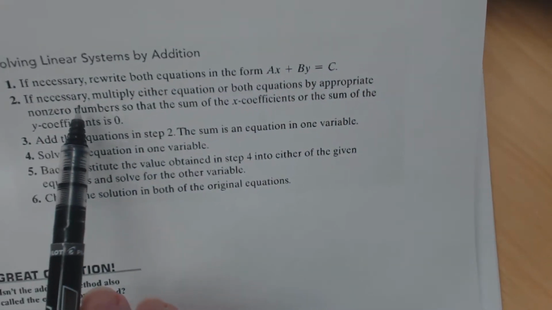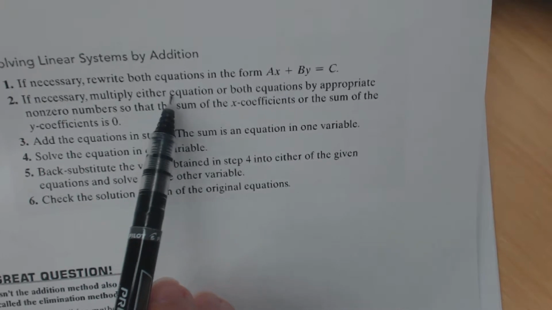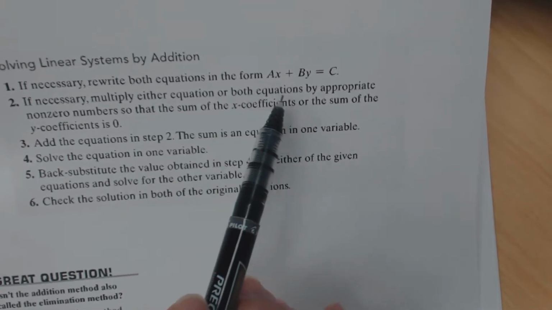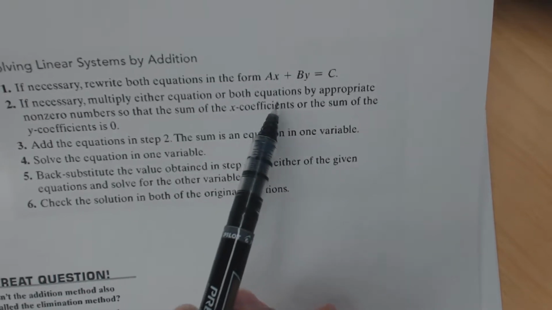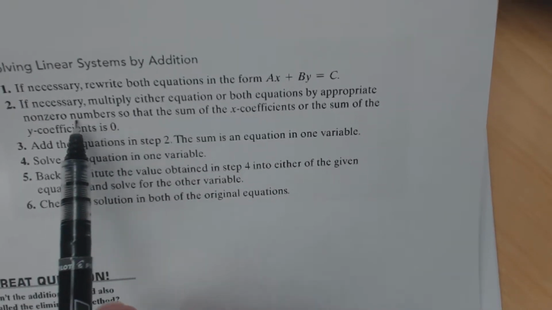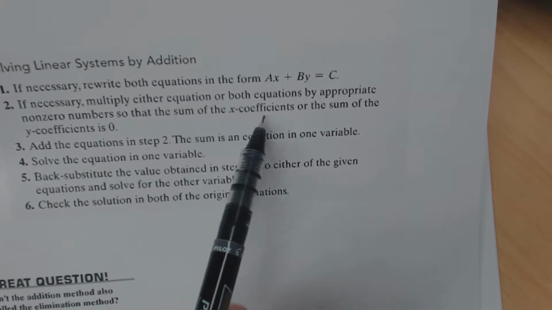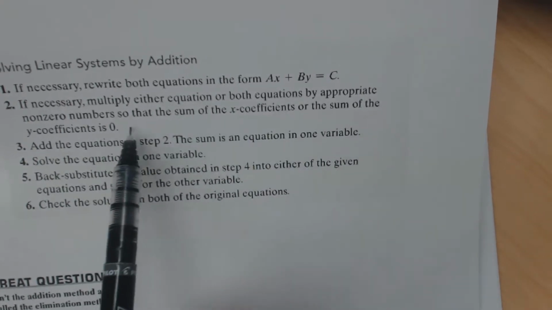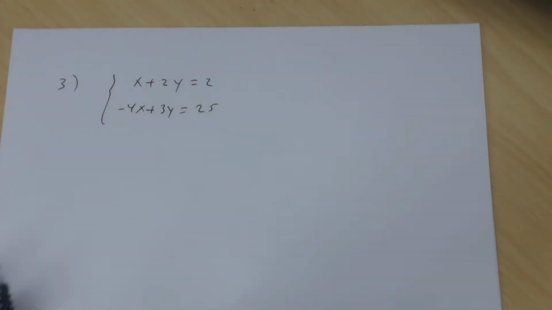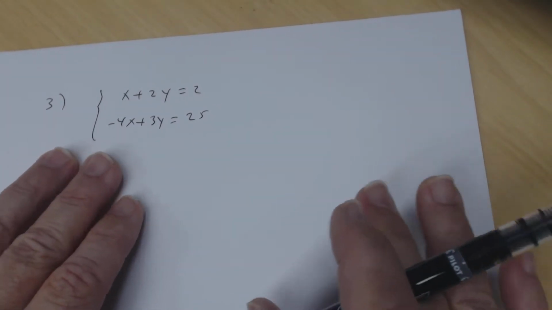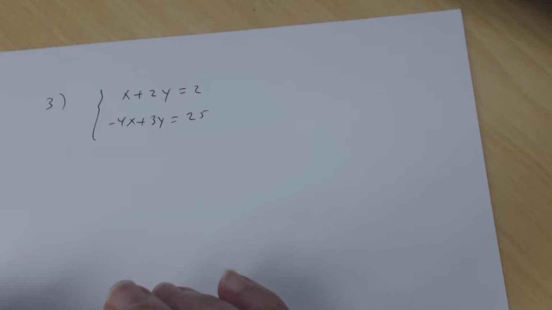Step 2: if necessary, multiply either equation or both equations, so one or the other, you may have to do both, by appropriate non-zero numbers, so that the sum of the x coefficients or the sum of the y coefficients is 0. Listen to what this means. You have to determine which variable you want to eliminate.